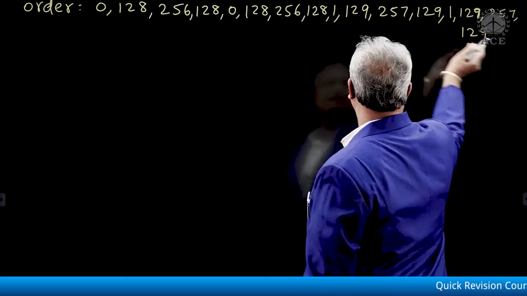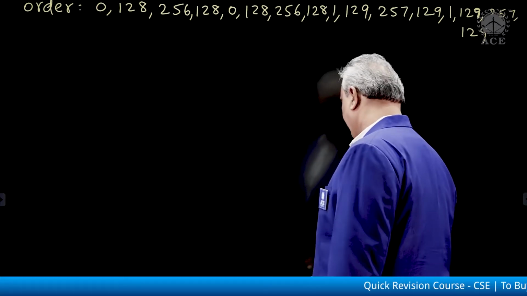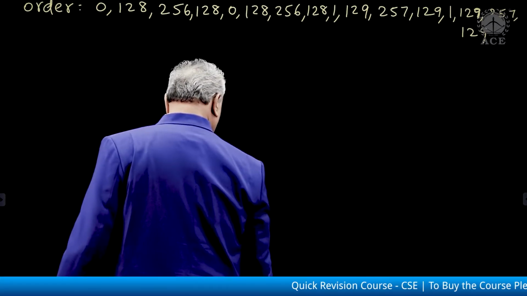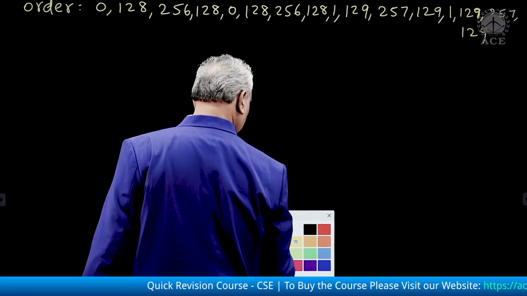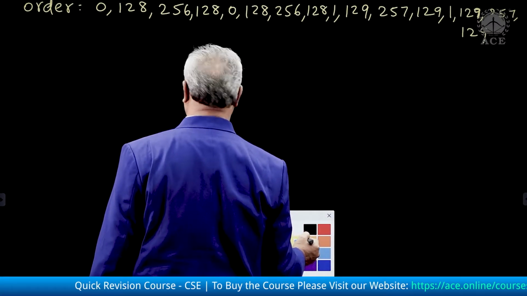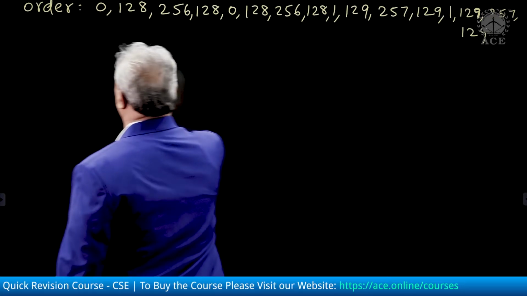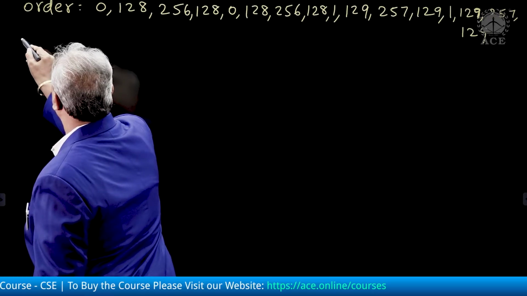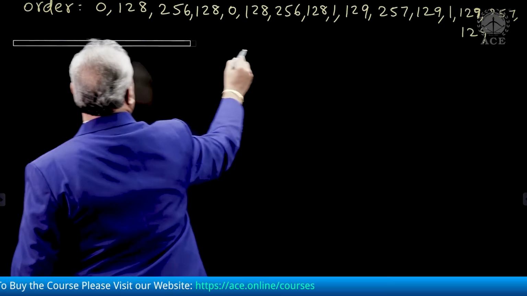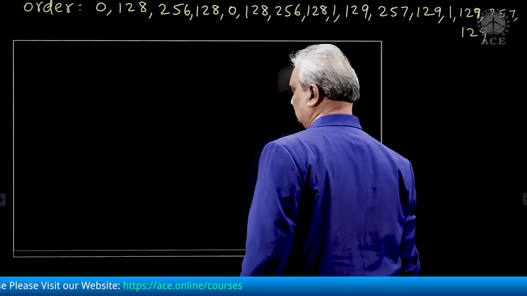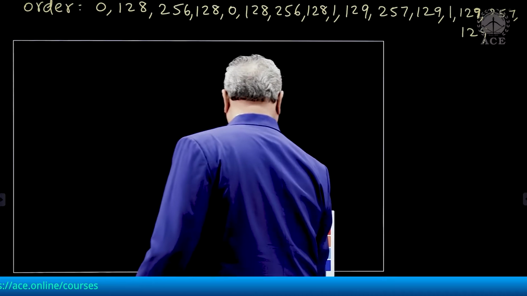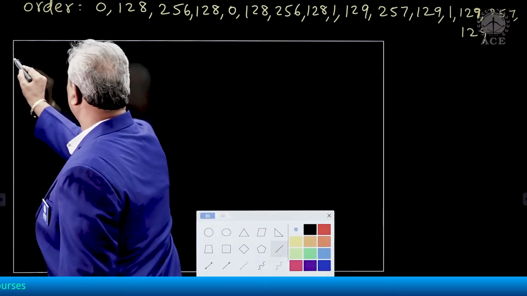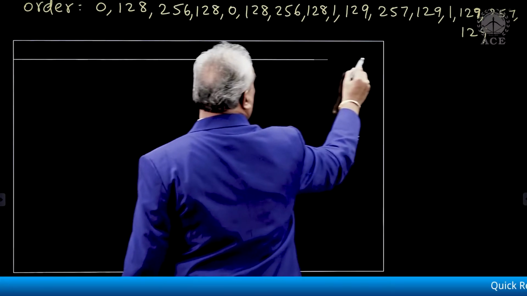Already I wrote the order. Okay? Now look here. How many sets are there? 128.